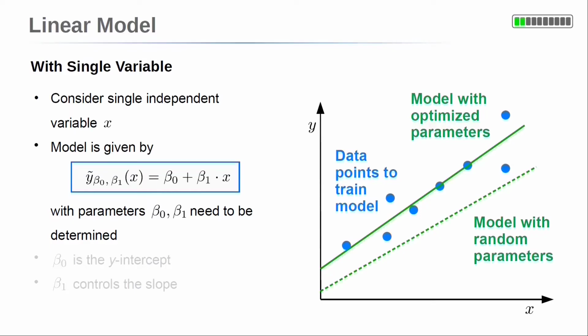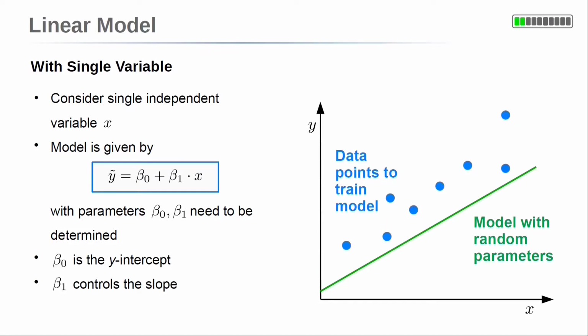Here we have an explicitly written functional relation. To shorten the notation, we omit the parameters subscripted at the function as well as the independent variables in the brackets. This model represents a straight line. Beta 0 and beta 1 are parameters of this linear model.